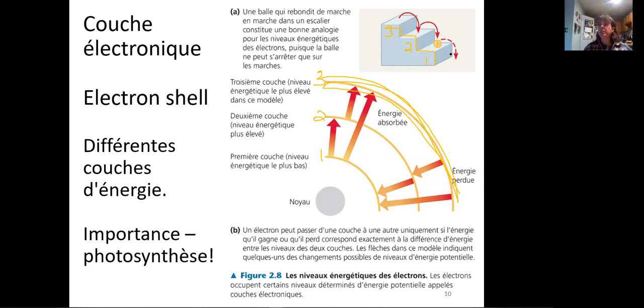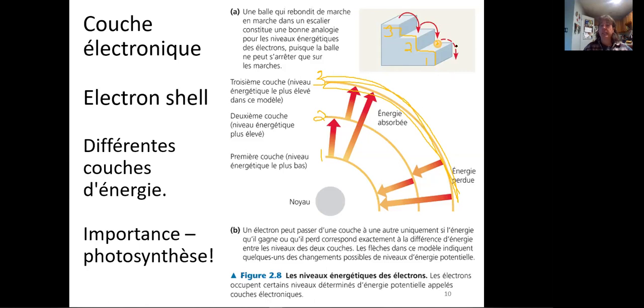We put energy into picking up this ball and putting it on the top level. But now in this highest level, the electron has energy to do work, or the ball has energy to do work. The ball on its own can bounce down these stairs.